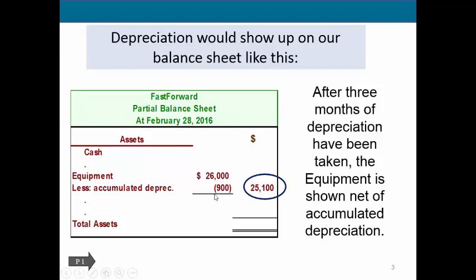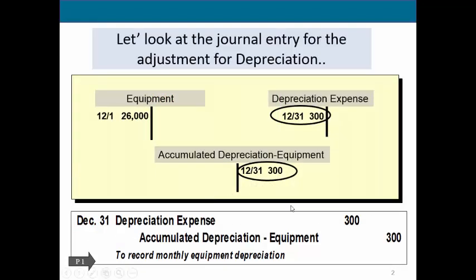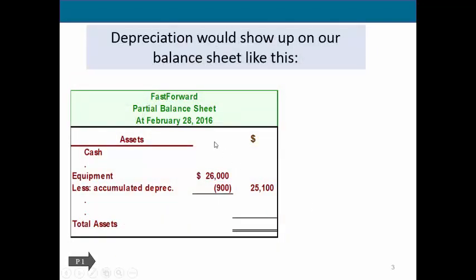If you go to our previous example, keep in mind we were depreciating $300 each month. So at December 31st, we recognized $300, and then if you look at this balance sheet, we're looking at the end of February. So December we had $300 of depreciation. We added to that another $300 in January, and then by the end of February there was another $300, and that's where this $900 is coming from.